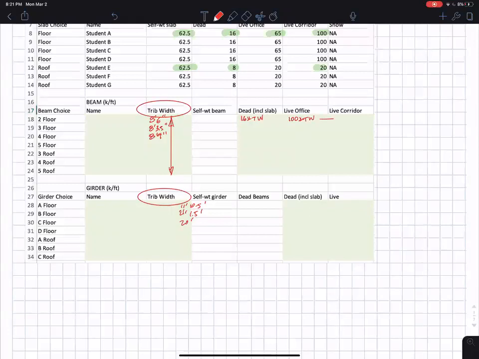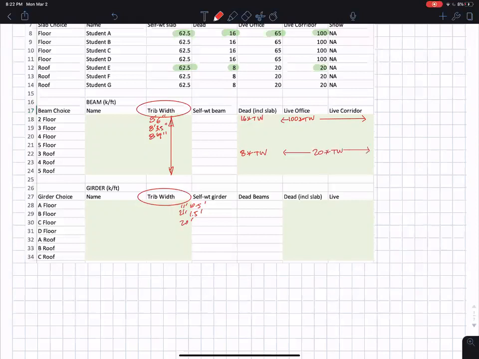And we're just going to make it the same for corridor and office, just to be easy. On the roof, we're going to do 8 for the dead times tributary width, and here we're doing 20 times tributary width.